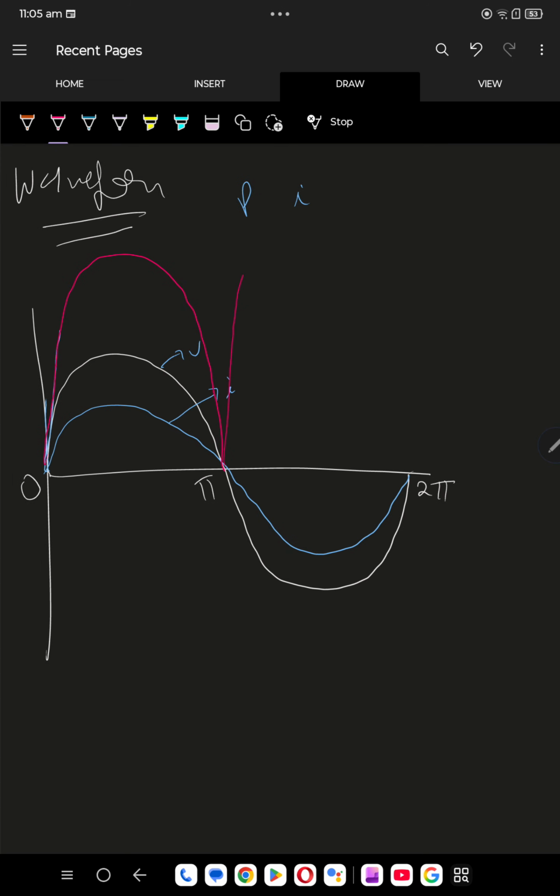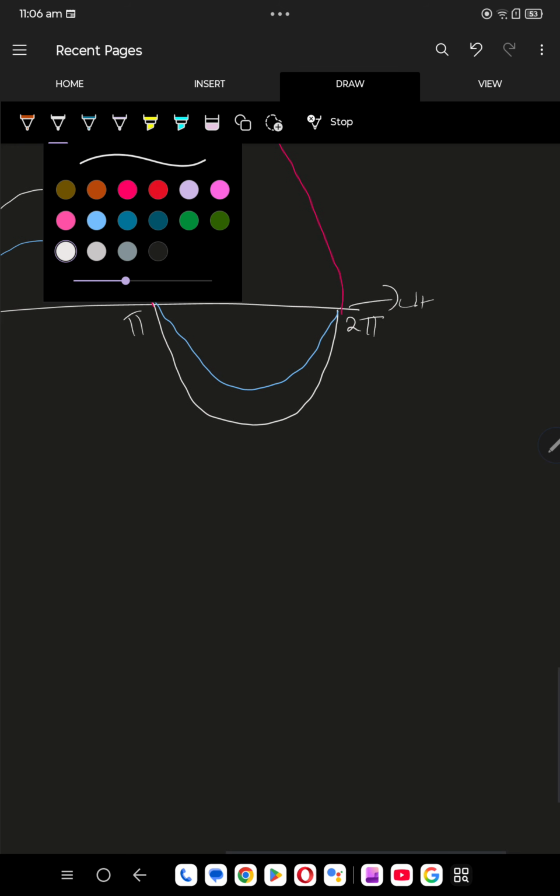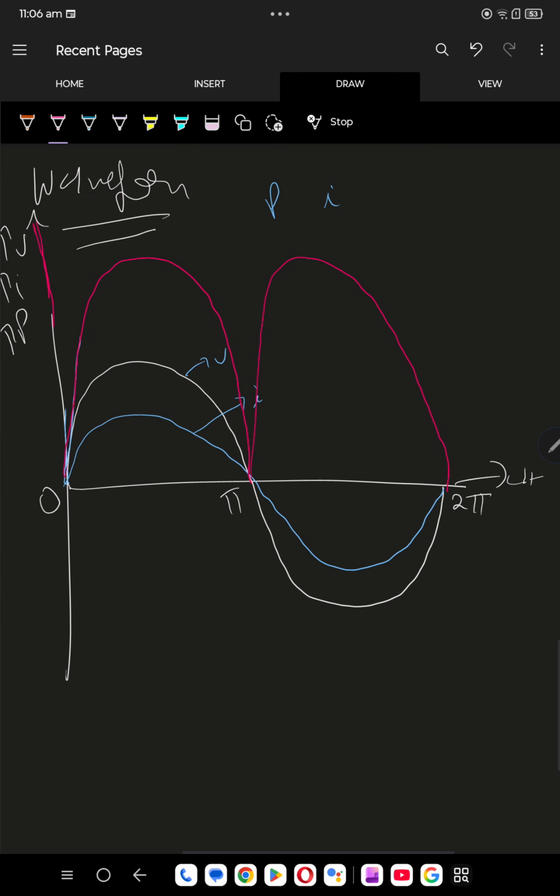This is V, I, P, and this is omega t. This is power. Always try to shade the power.